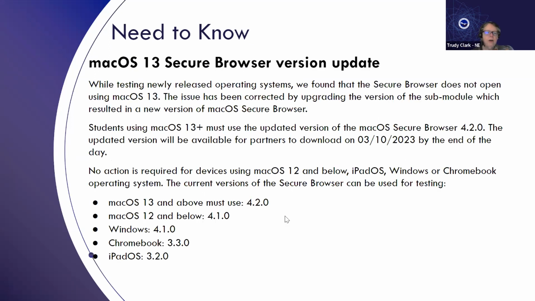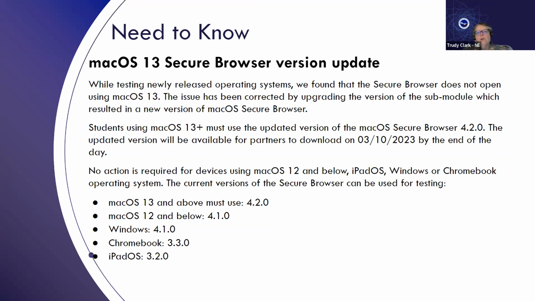And another need to know, I believe this too was released to you. While testing the newly released operating systems, NWEA found that the secure browser does not open using Mac operating system 13. The issue's been corrected by upgrading the version of the submodule, which resulted in a new version of Mac operating system secure browser. So you've seen this, hopefully. If you haven't, this is information for you to use.